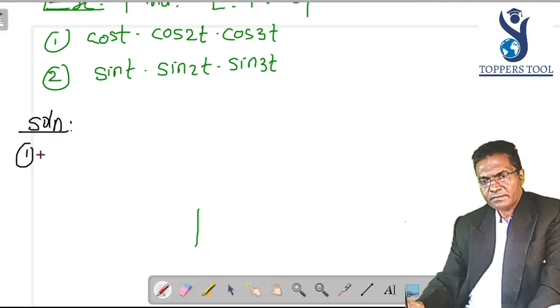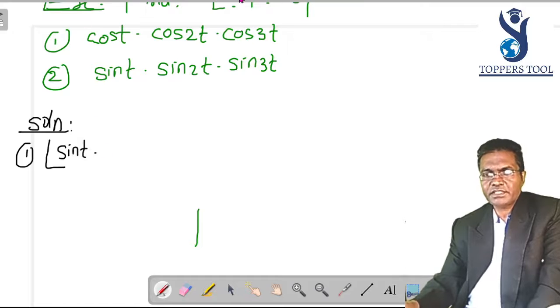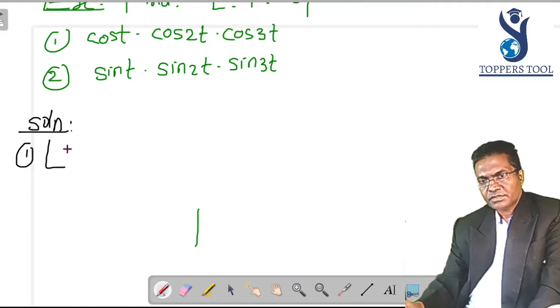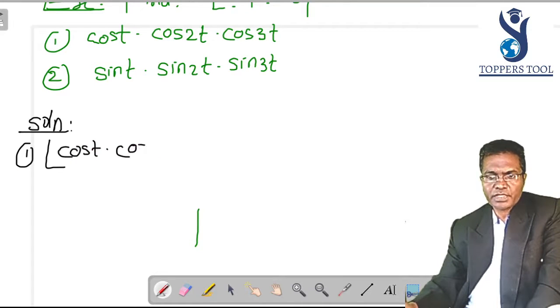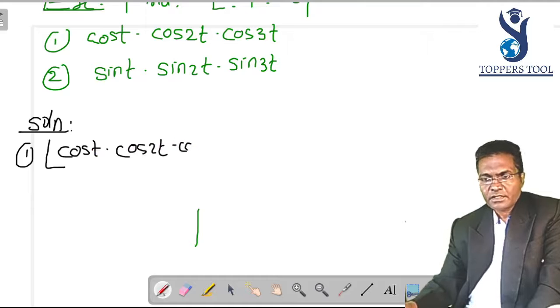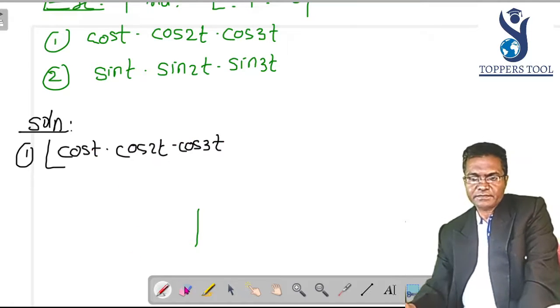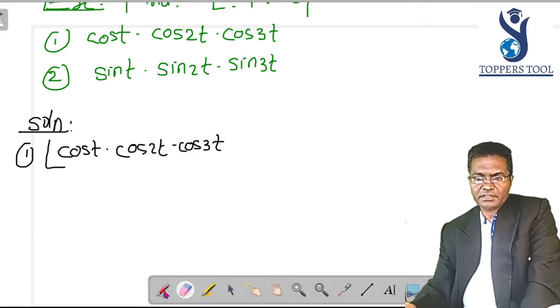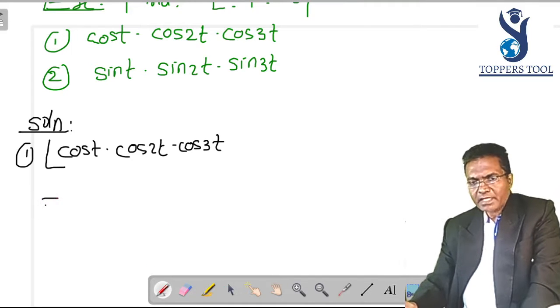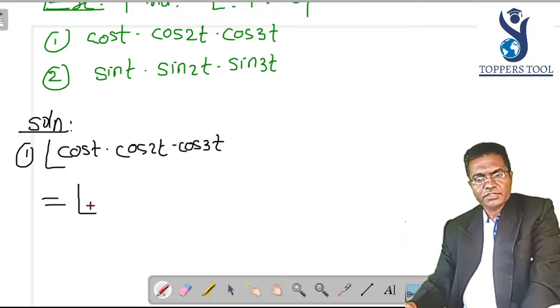So first one, L of cos t, cos 2t into cos 3t. Now you need to make a group of two terms.